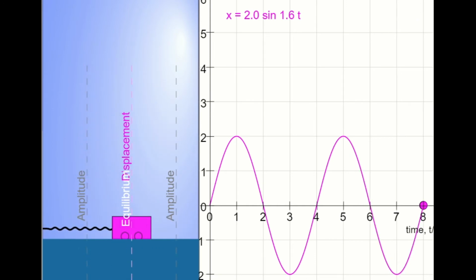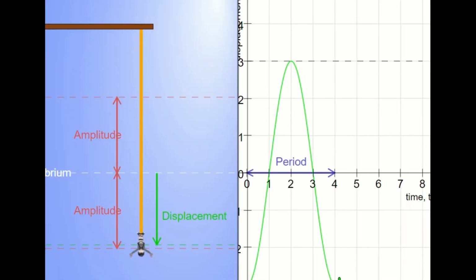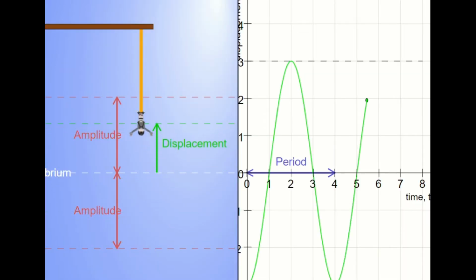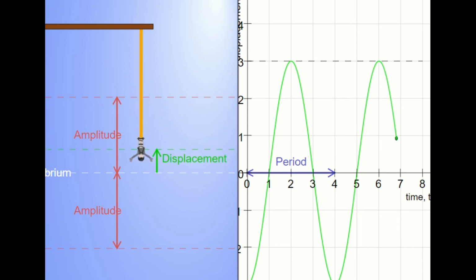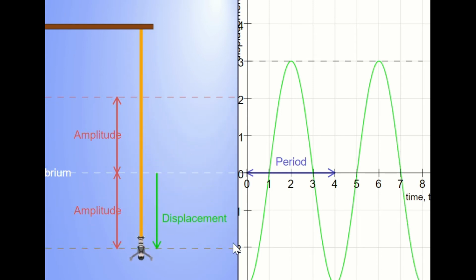This is the example of a vertical pendulum, a vertical spring. It is oscillating up and down.